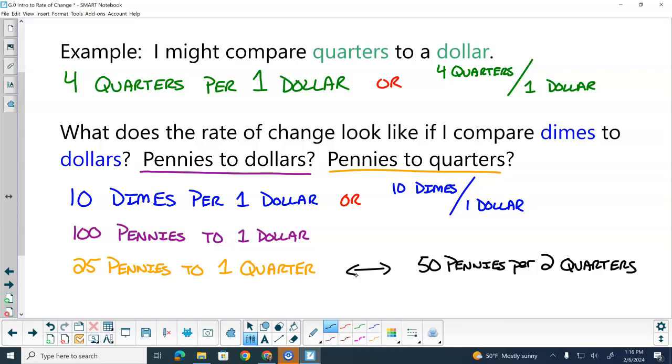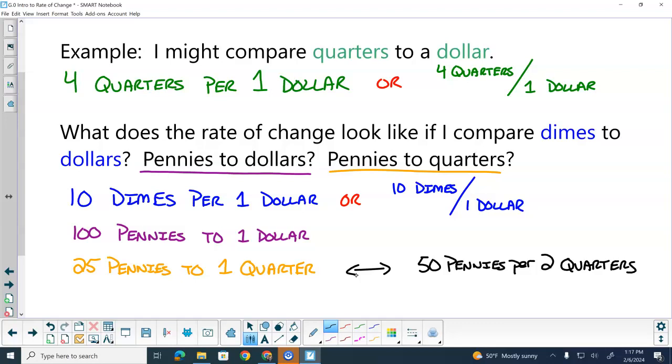Okay, so if I had 2 quarters, how many pennies could I get? 50. So would 50 pennies per 2 quarters be the same rate of change? Yeah. The only difference between this one and this black one is that the black one is not reduced. But those two are the same rates of change.